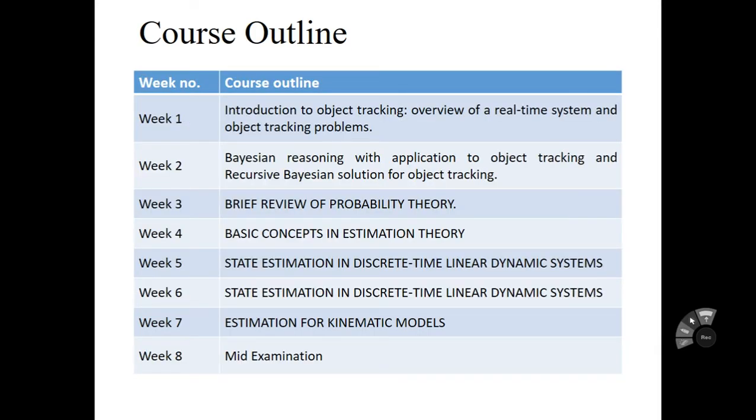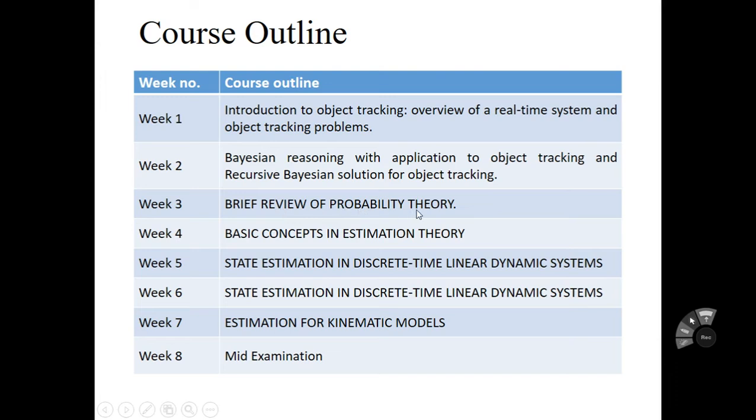So I designed the course outline like this. In week 1 we will start with an introduction to object tracking, where we will study an overview of real-time systems and object tracking problems. Next, Bayesian reasoning with application to object tracking and the recursive Bayesian solution for object tracking. Then a brief review of probability theory.